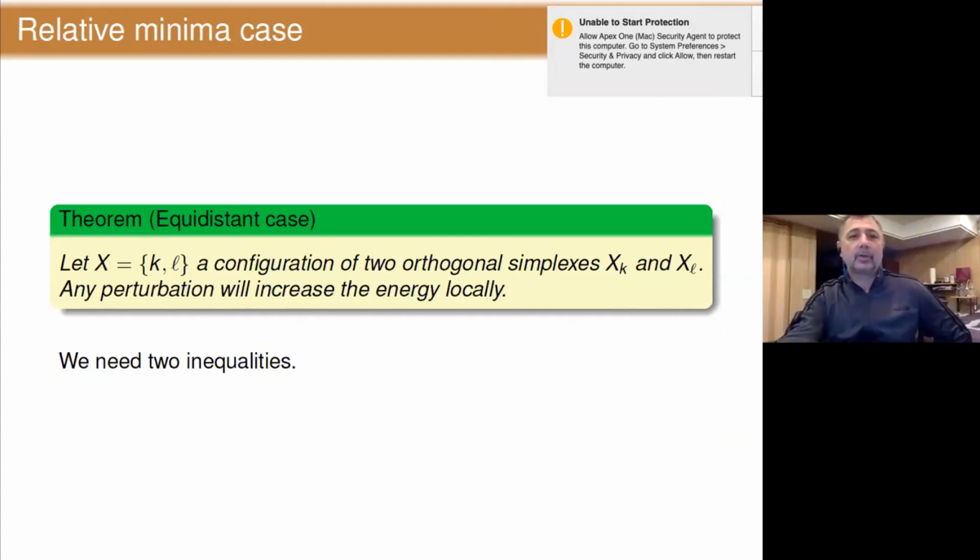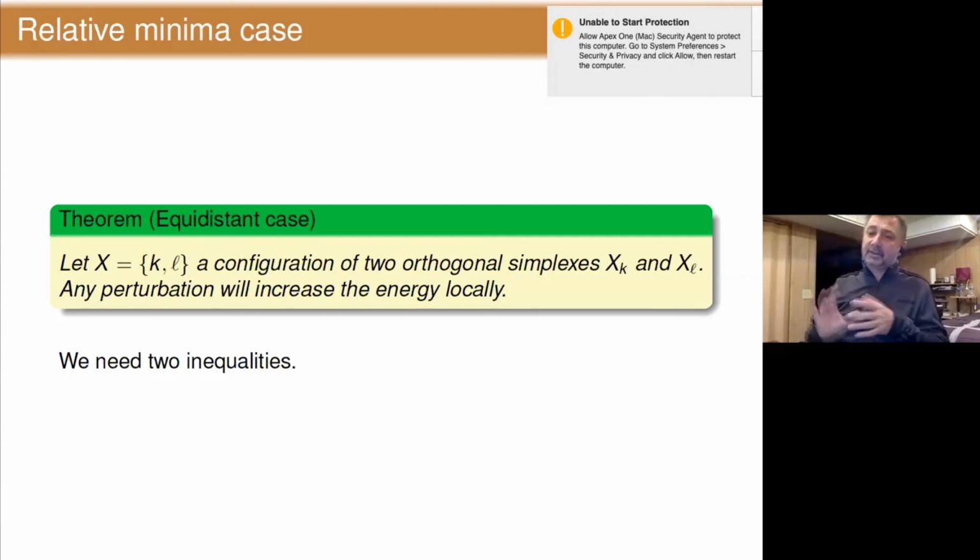So this is the relative minima case. All right. That is, these are relative minima, and the only relative minima are two orthogonal simplexes. Now let me give you just the idea. I will not go into it. This is the end. So if we have S^3, there are two options for orthogonal simplexes.